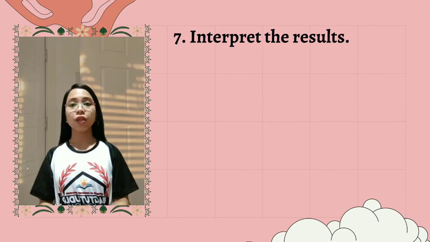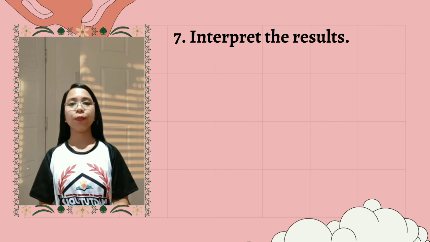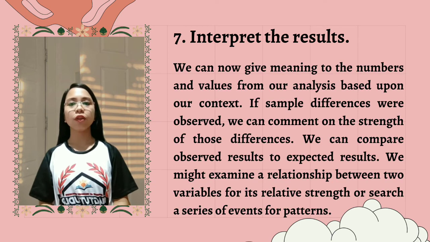The seventh method is to interpret the results. We can now give meaning to the numbers and values from our analysis based upon our context. If sample differences were observed, we can comment on the strength of those differences. We can compare observed results to expected results.